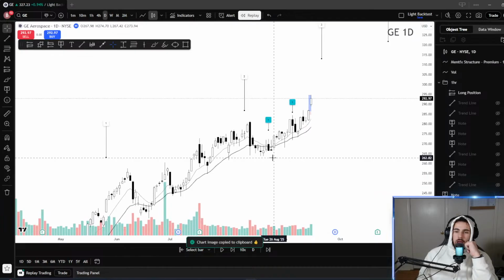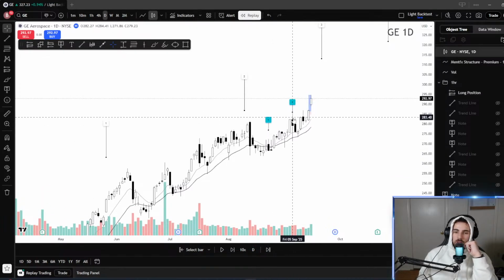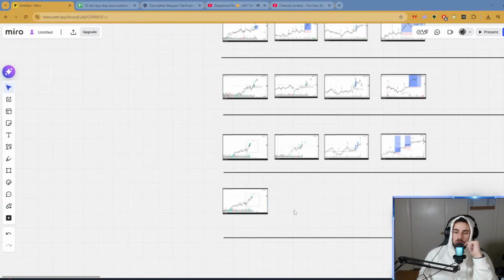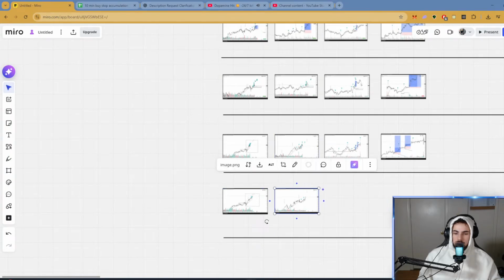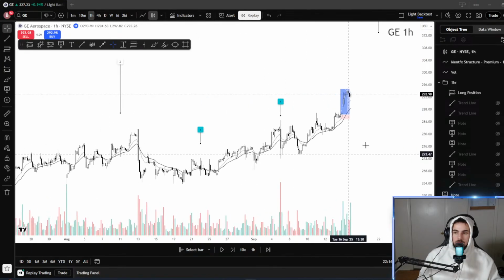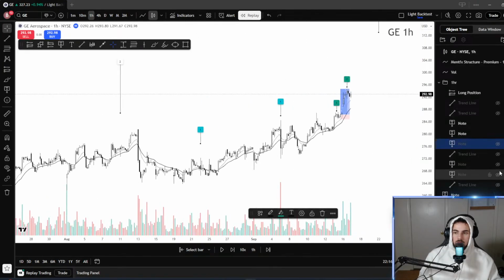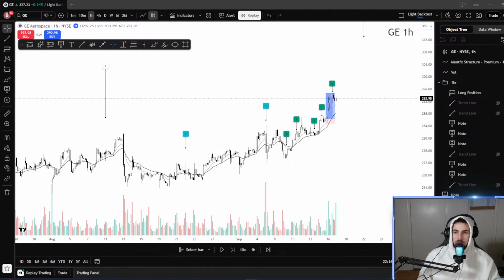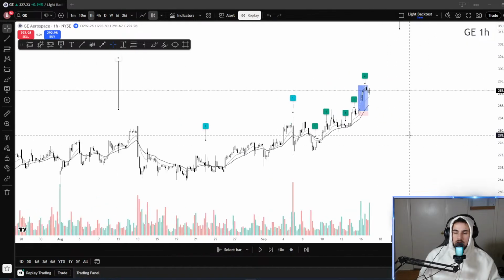Screenshot the daily. This trade was taken in the running of the first, or the liquidation of the first high after the accumulation. Put all this back on.